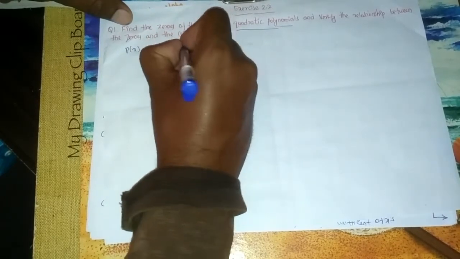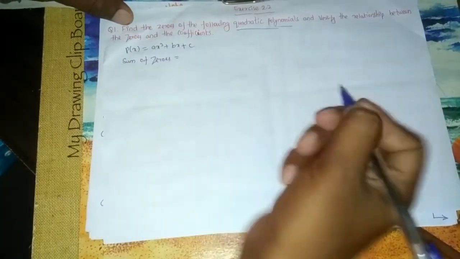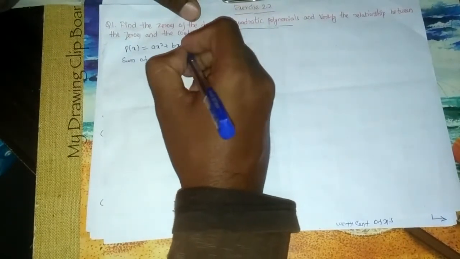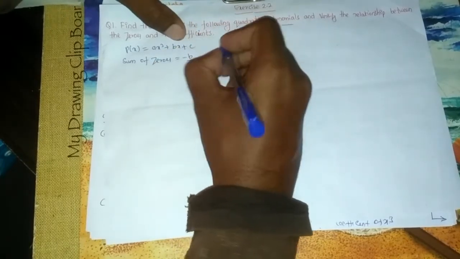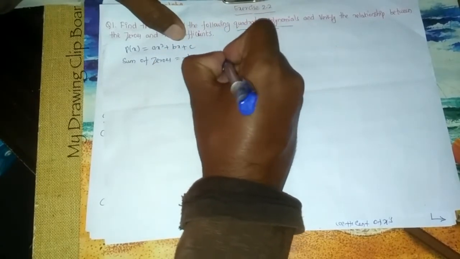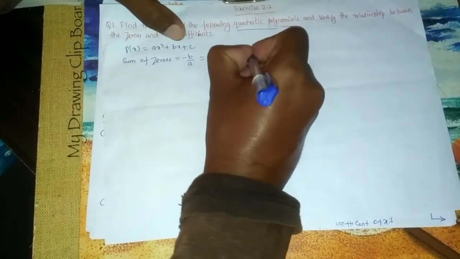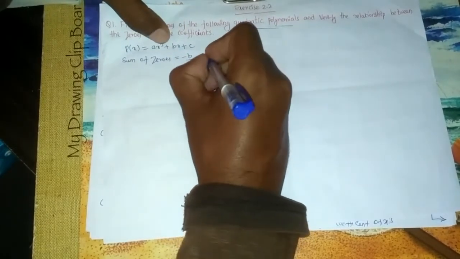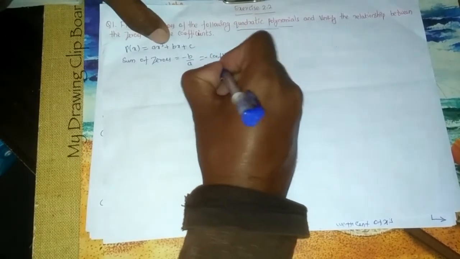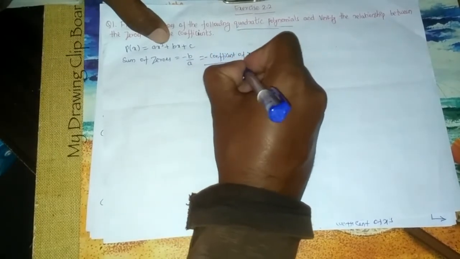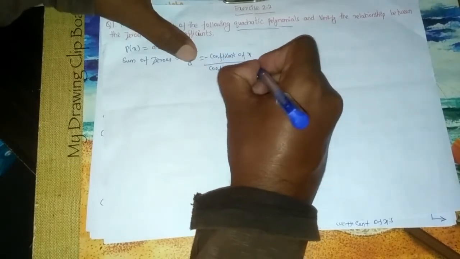Okay, we know that a quadratic polynomial is given by ax square plus bx plus c, and the sum of zeros is given by minus b by a, where minus b is the coefficient of x with a minus sign, and a is the coefficient of x square.